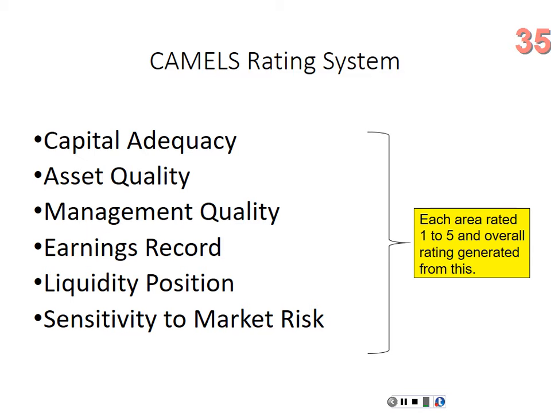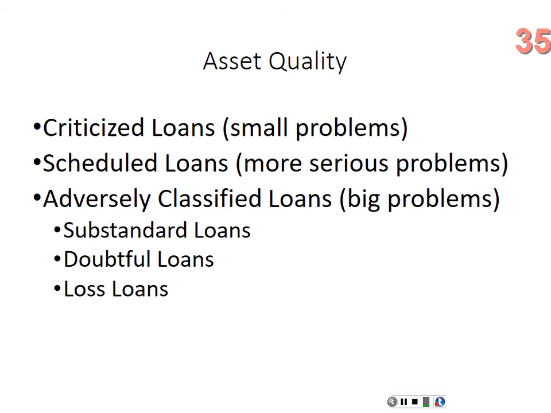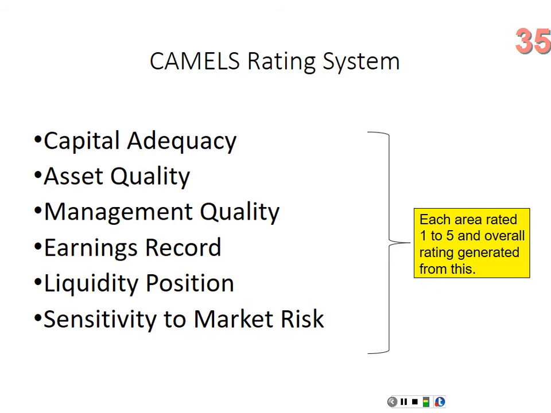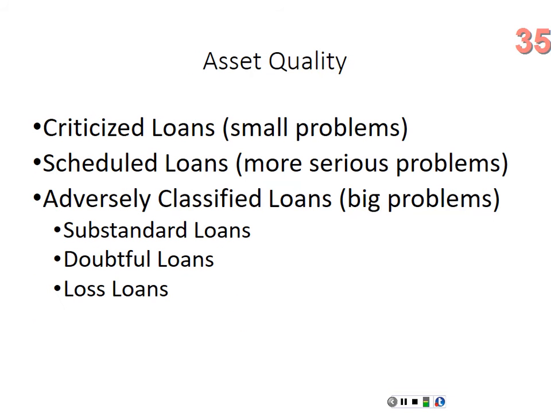But again, it's kind of hard to tell because unless you've been an examiner or unless you have access to inside information, you really never know what a bank is rated. All right. Now, this is just part of what we're going to talk about. This one's asset quality, so loan quality. It also includes investments, but primarily it's loans.